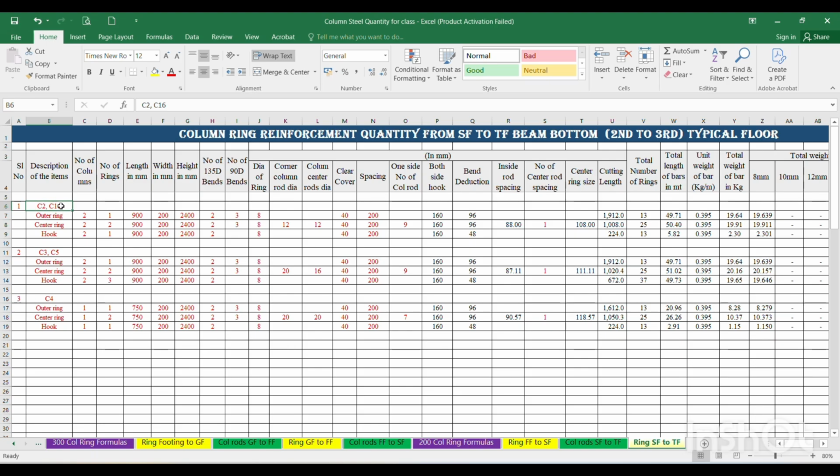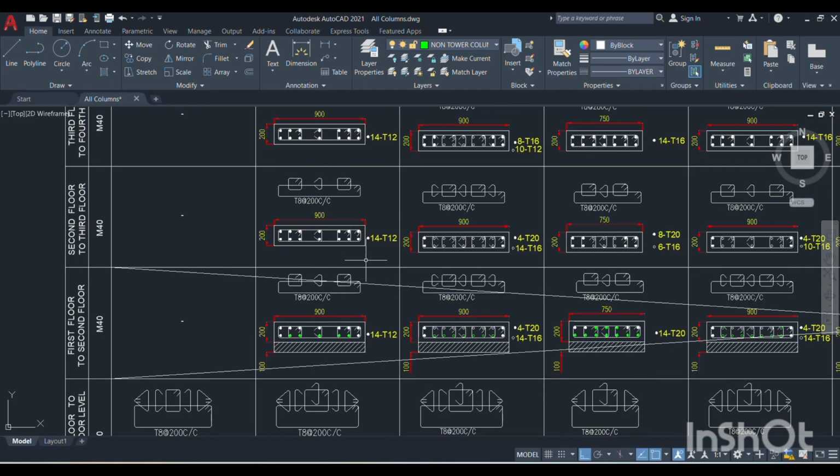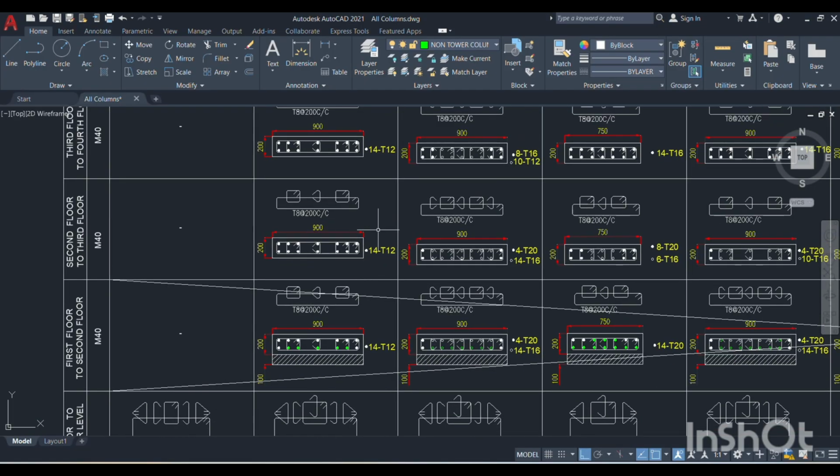I am going to search how many C2 type columns there are, and you have to note down in the sheet how many columns like C2 there are. C2, one is there; just note it down on paper before entering into the Excel sheet. You would have to search all 100 columns, but I am going to search in only two pages.